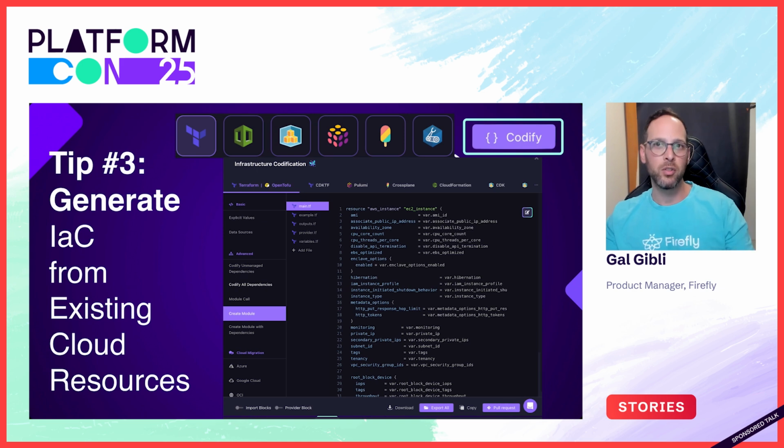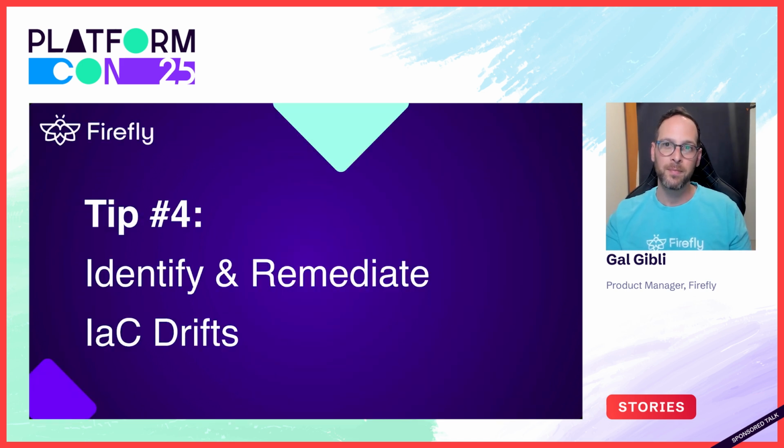When transitioning your legacy environments, it's crucial to prioritize high impact resources, those critical for operations or compliance. And automating the codification process not only saves you time, but it also ensures accuracy. So you'll probably eliminate configuration drifts and you'll reduce the likelihood of human error when you're redeploying resources.